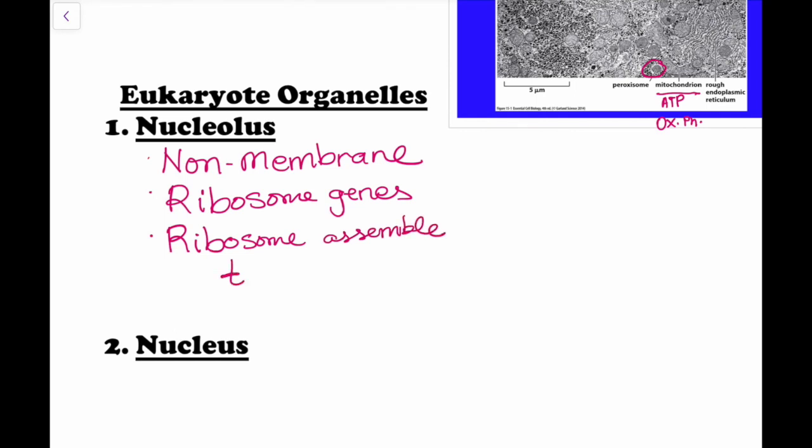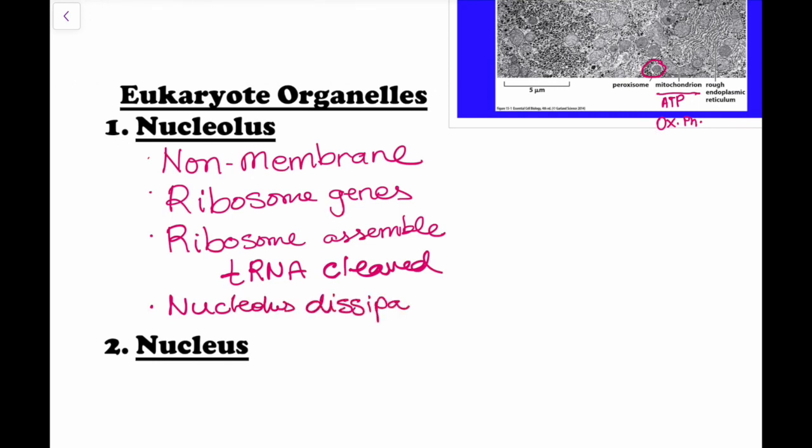The rRNA is cleaved, and then the nucleolus dissipates in the interphase. So basically, we know that the nucleolus is for the ribosome synthesis.